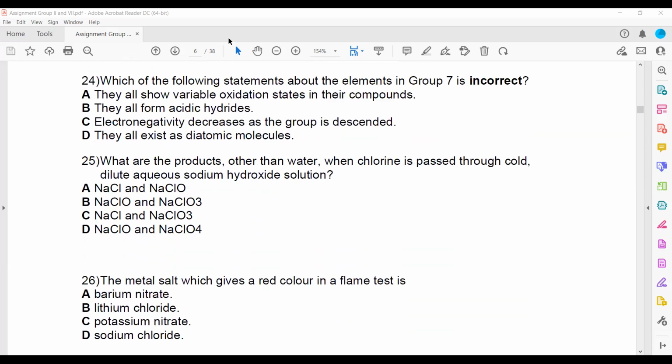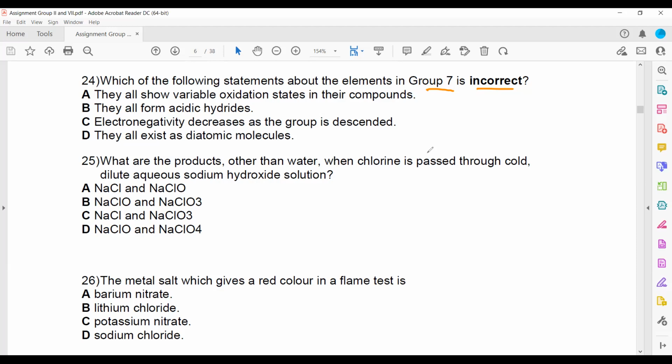Question 24. Which of the following statements about elements in group 7 is incorrect? So which statement is incorrect? They all show variable oxidation states in their compounds.